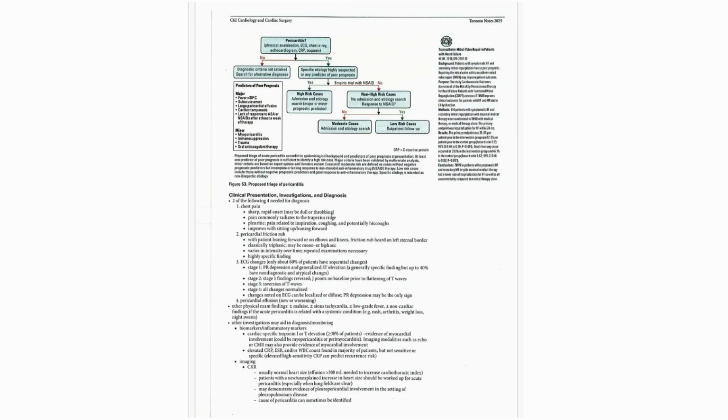The first question is, does the patient meet the diagnostic criteria for pericarditis? If the answer is no, clinicians should search for alternative diagnoses such as acute myocardial infarction, pulmonary embolism, pneumonia, aortic dissection, and musculoskeletal chest pain.